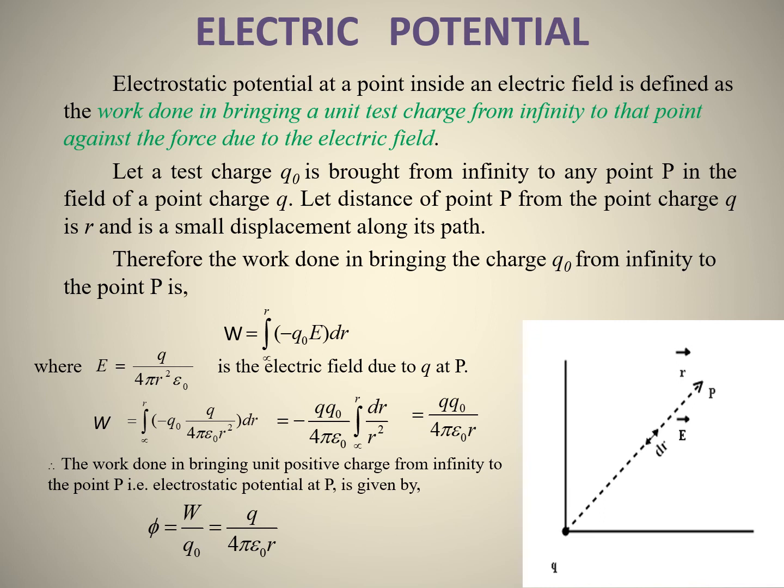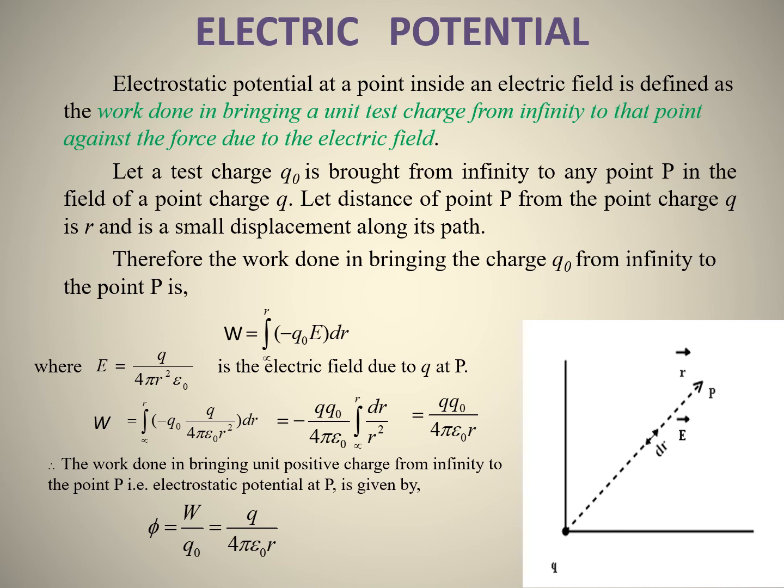And here the electric field at P due to charge Q is given by E equals Q by 4 pi r square into epsilon naught. Therefore, by putting this value in the expression for W, we get the work done in bringing the charge Q0 from infinity to the point P as Q into Q0 by 4 pi epsilon naught r.